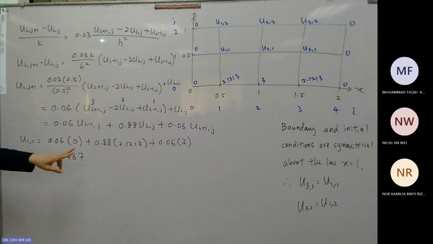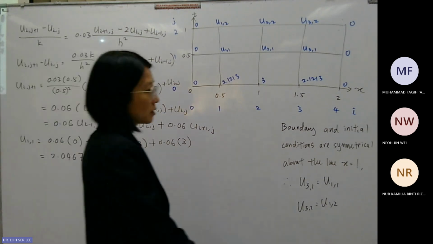If you follow 4 decimal places, this one, the final answer in the slides, I think I generated using Excel. That's why it's slightly different. So that's it. Your U31 is also 2.06 and 0.76.